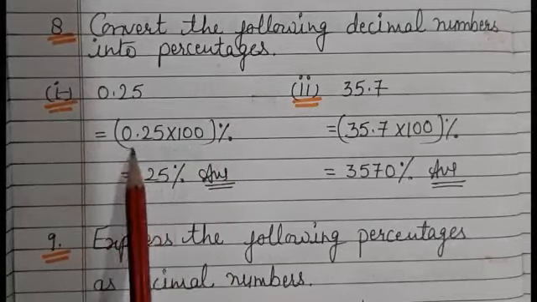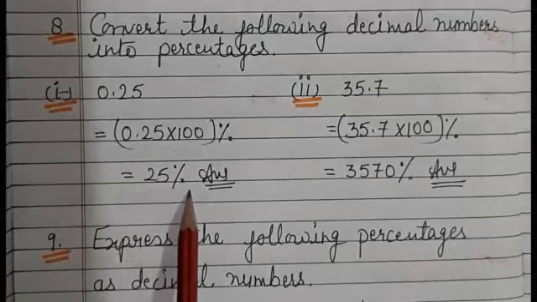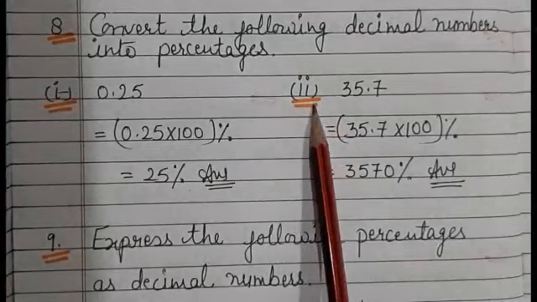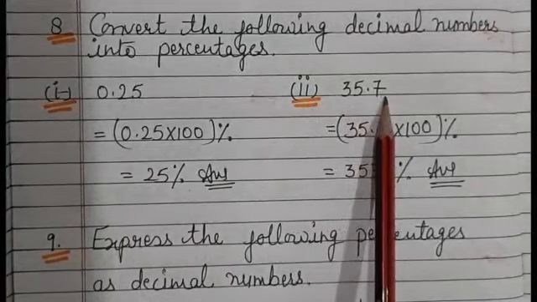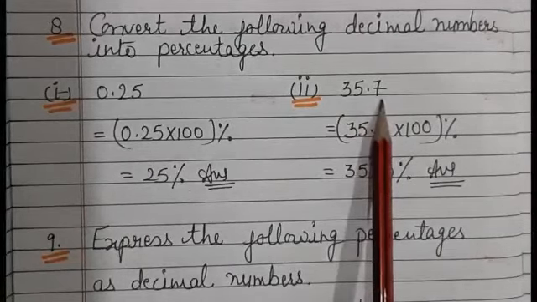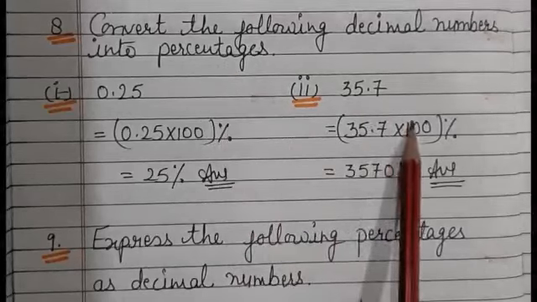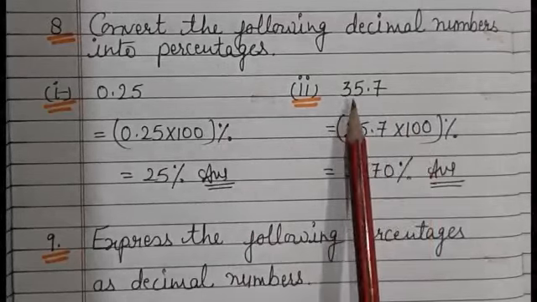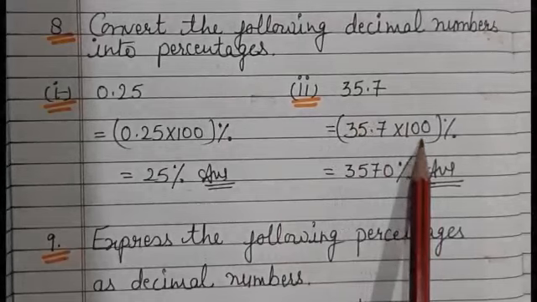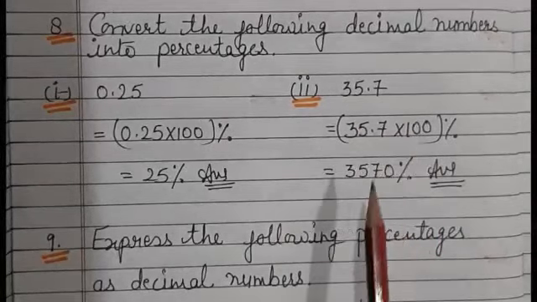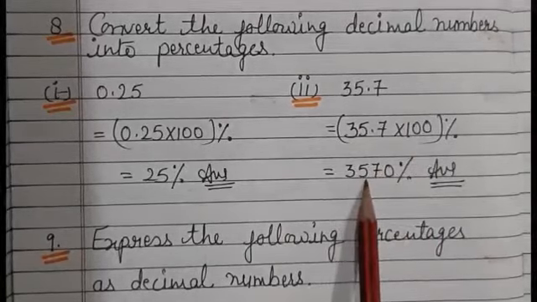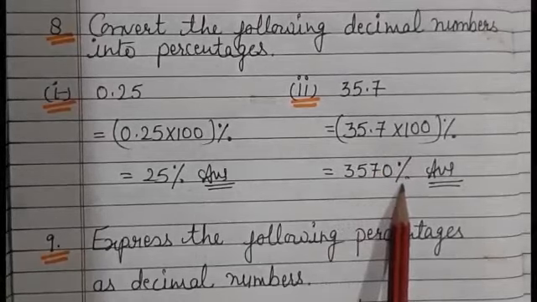When we multiply, answer will be 25%. Similarly, second part, 35.7. So when we have to convert into percentage, we have to multiply it by 100. So 35.7 into 100. When we do, answer will be 3570%. Right?